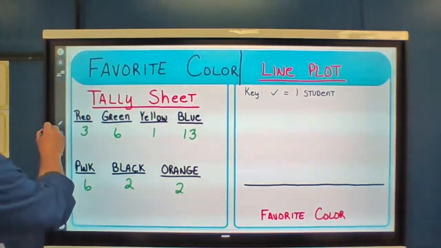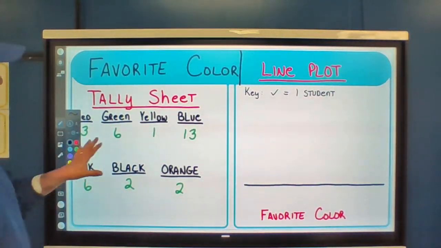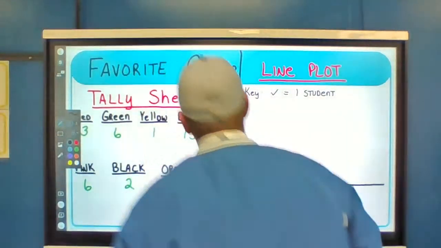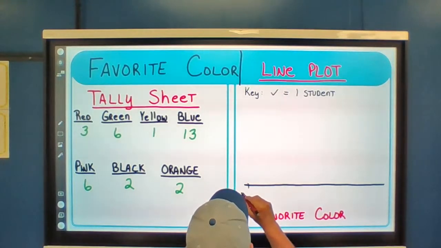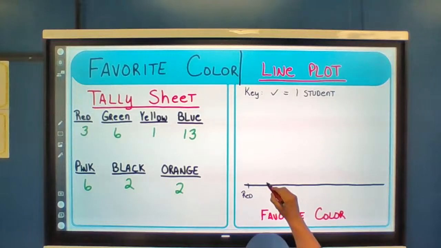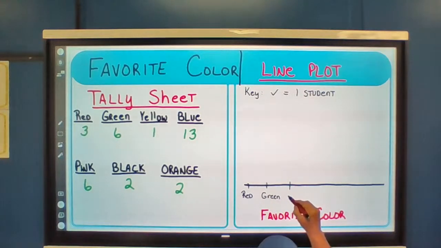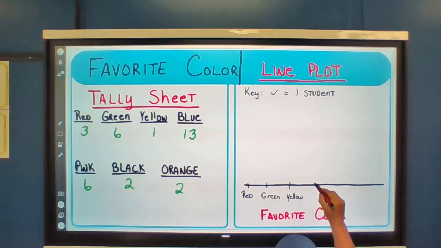Then I fill in all my categories. My first category is red. Then I have green. Then yellow. Blue.